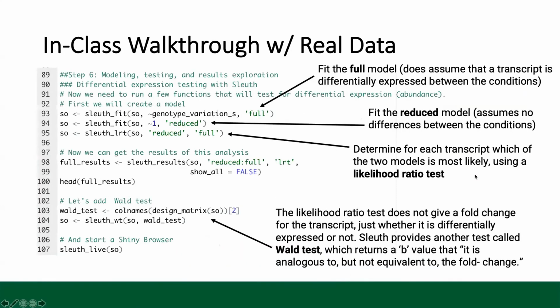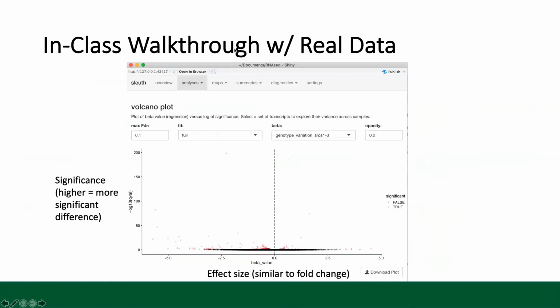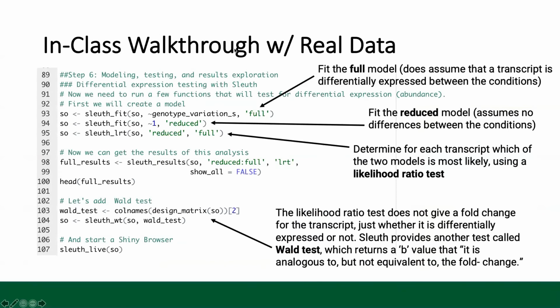The first part of this command is a sleuth fit command, and it's basically fitting the full model. This full model, as you can see, includes this genotype variation parameter, which is telling it to assume that the transcript is differentially expressed between the conditions, and so it's fitting that model to all the transcripts. You then run this sleuth fit command without that parameter included, and that's your reduced model.